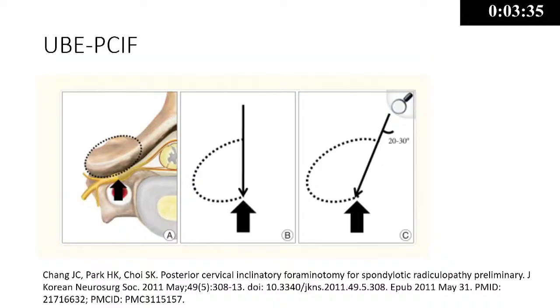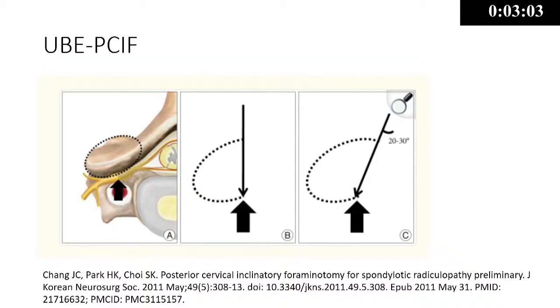Now, when we do posterior cervical foraminotomy standing on one side, we tend to drill more of the facet joint on the same side. So there is a concept given by Chang in around 2011. He said, instead of doing dorsal foraminotomy, we can do posterior cervical inclinatory foraminotomy. What was the concept?